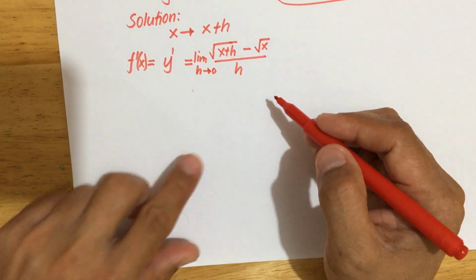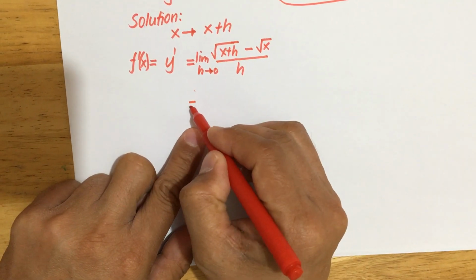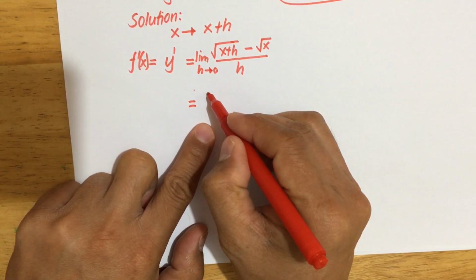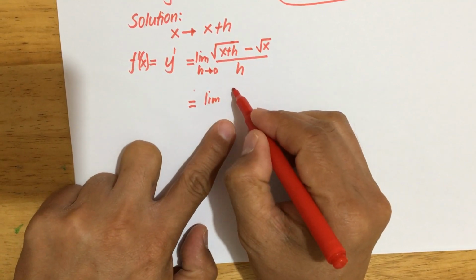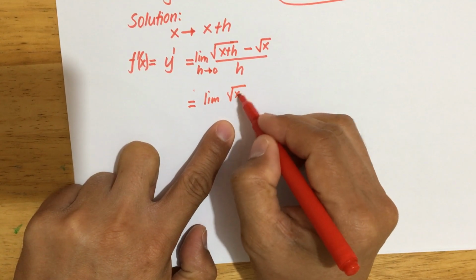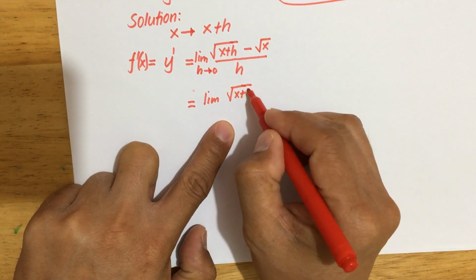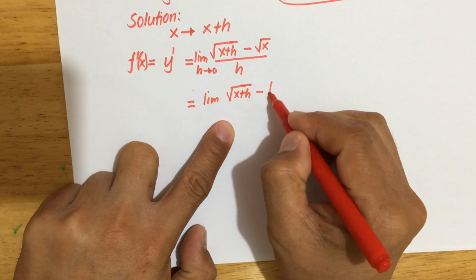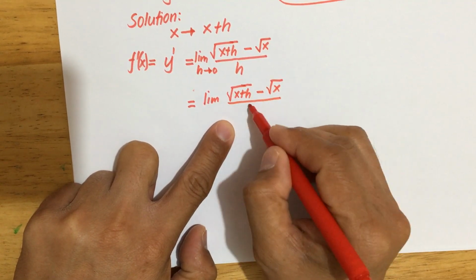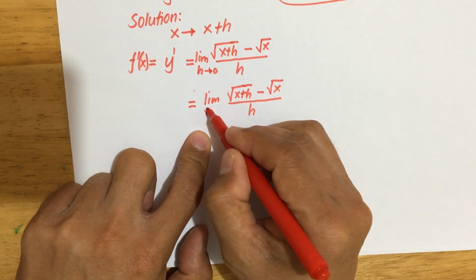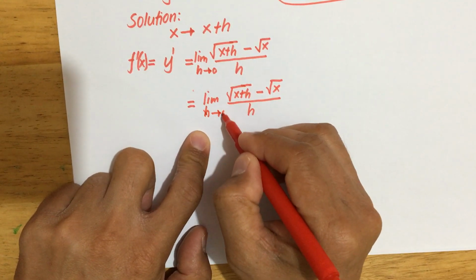Okay, so this is equivalent to the limit of square root of x plus h minus square root of x divided by h as h approaches 0.